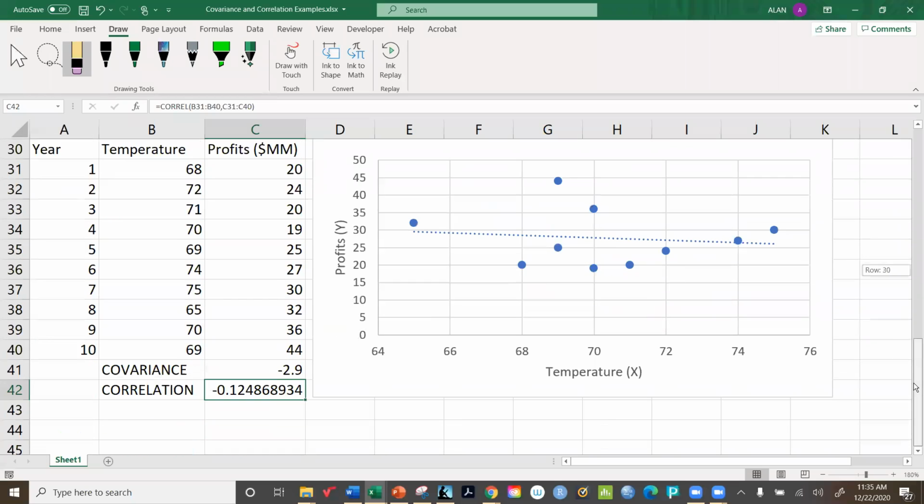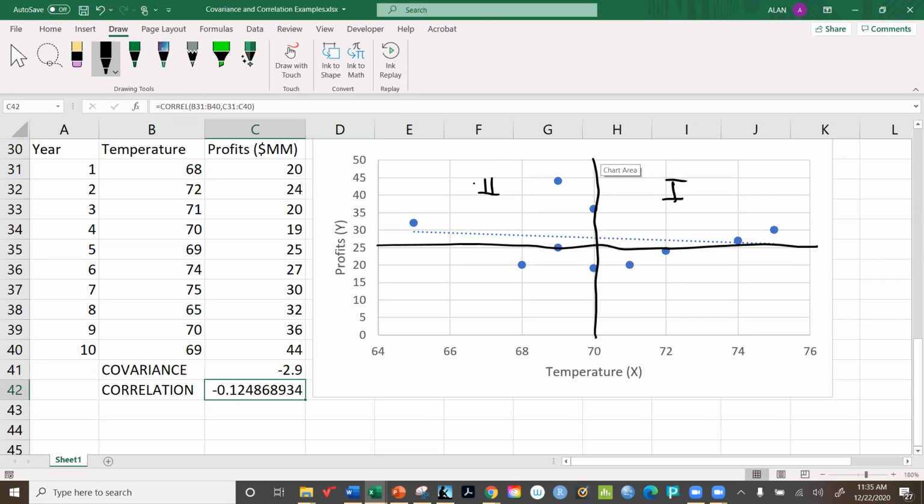And then in the last case, what we would expect to find is more or less an equal balance between the quadrants. One, two, three, and four. And that's pretty much what we have here.